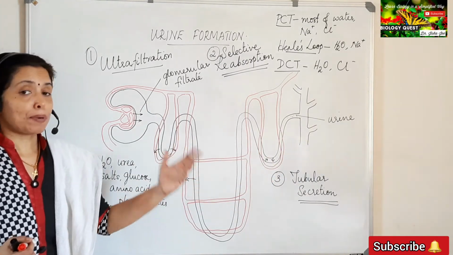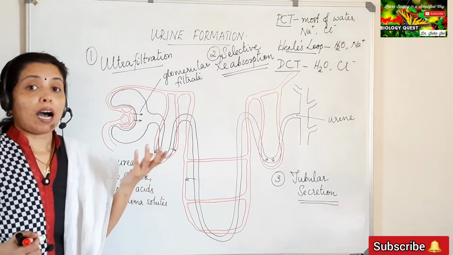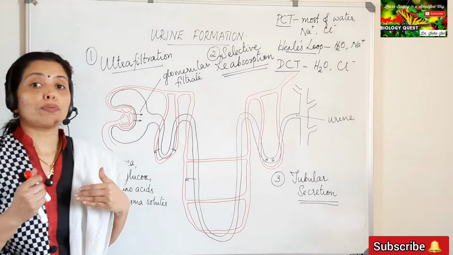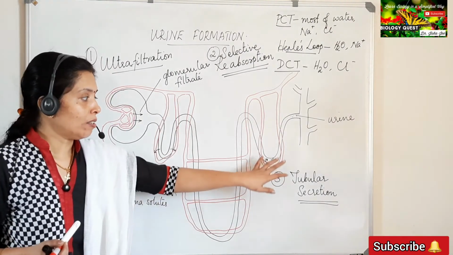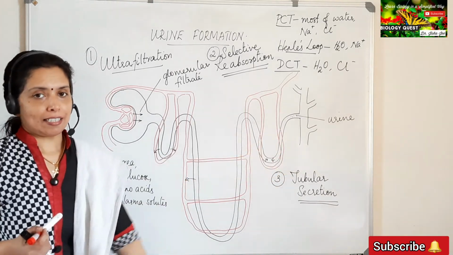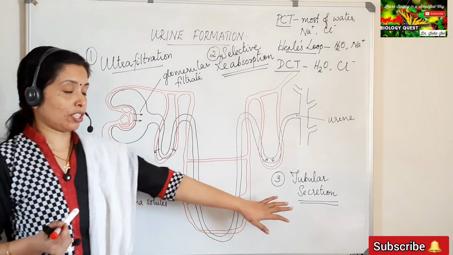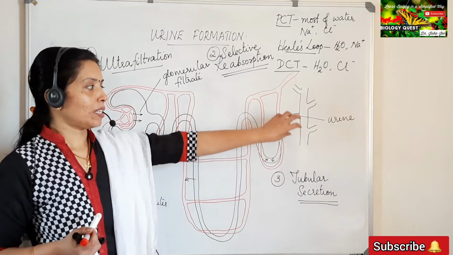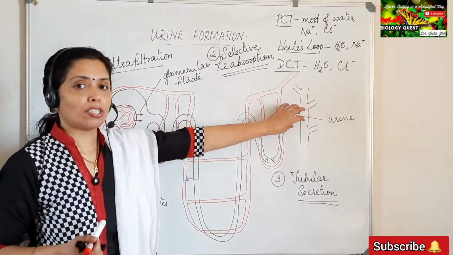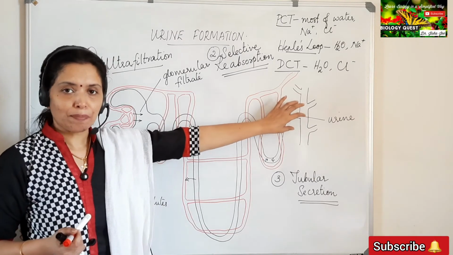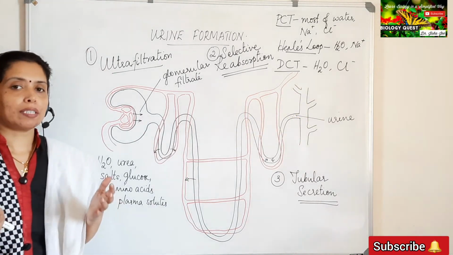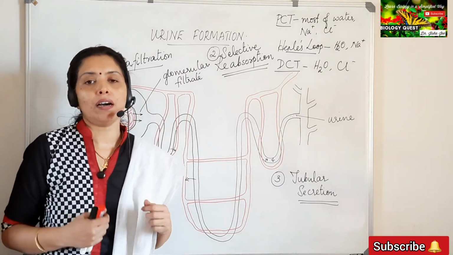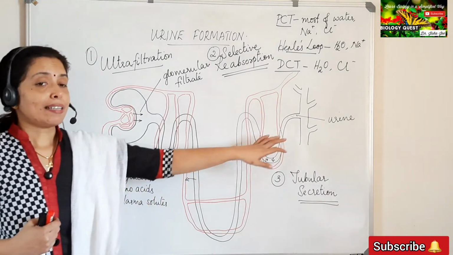Certain ions like potassium ions, and certain harmful substances or drugs, for example penicillin, are secreted out through the walls of the DCT into the filtrate present in the DCT. This secretion is called tubular secretion, and by the time the filtrate reaches the end part of the DCT, it is called urine, because it will not contain any substance that is needed by our body. So it is called urine.